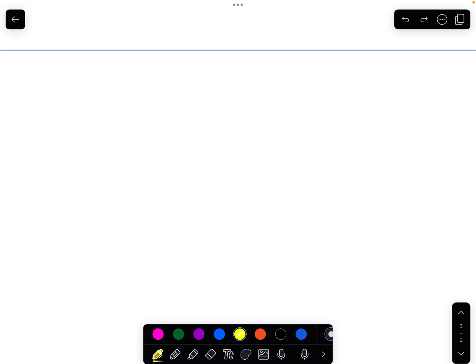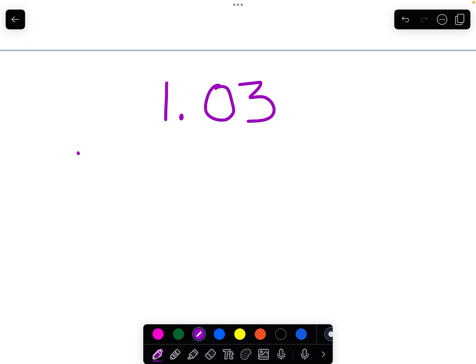Now, let's do some more examples. What if I have 1.03 times 2? Actually, not times 2.